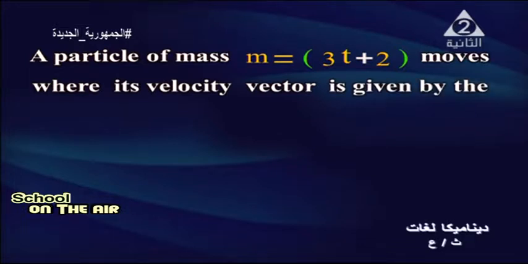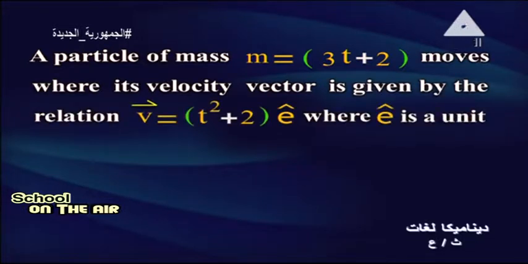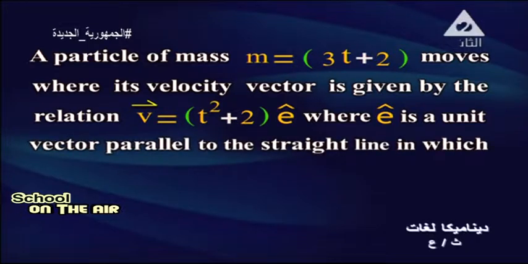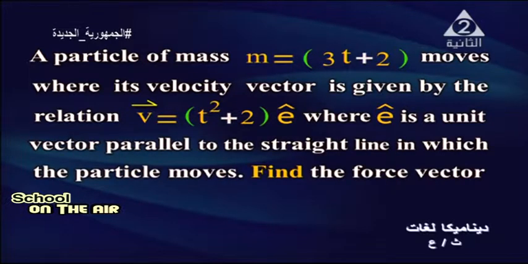Another question. A particle of mass m equals 3t plus 2 moves where its velocity vector is given by the relation v vector equals t power 2 plus 2 in direction e, where e is a unit vector parallel to the straight line in which the particle moves.